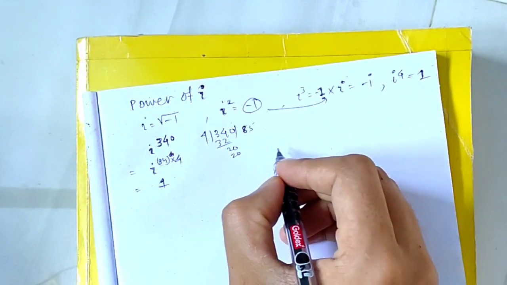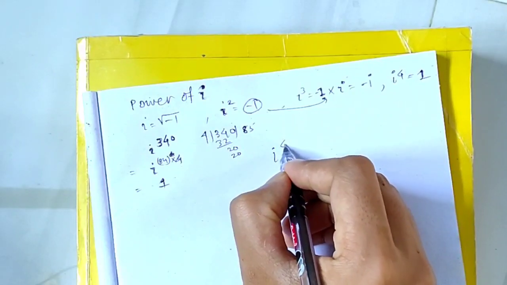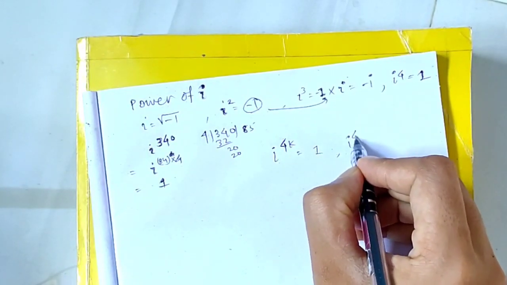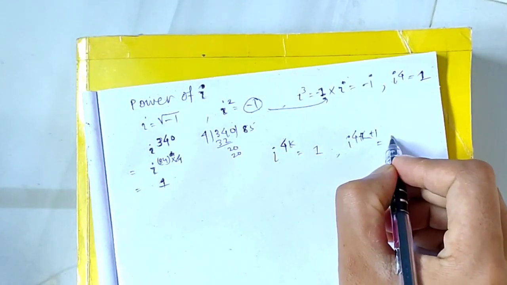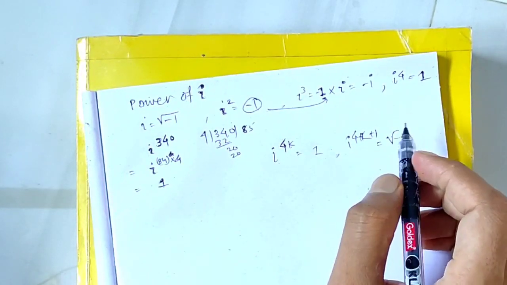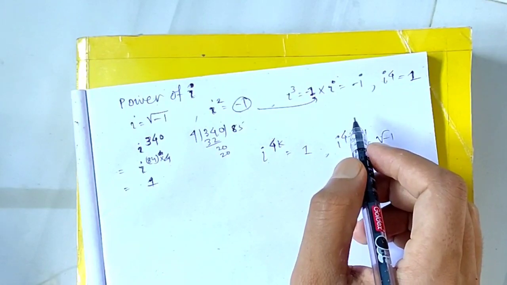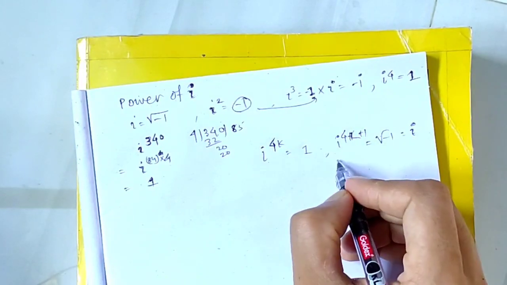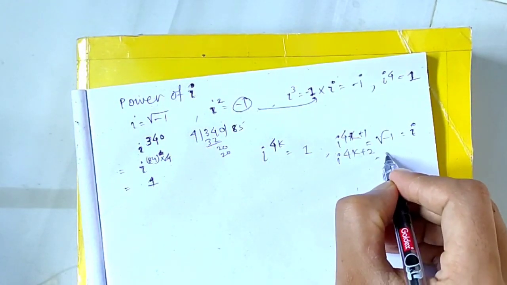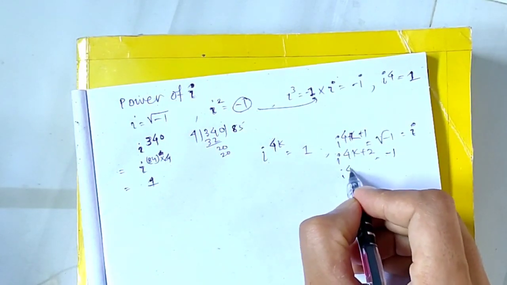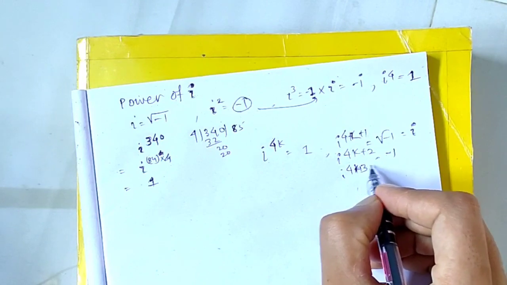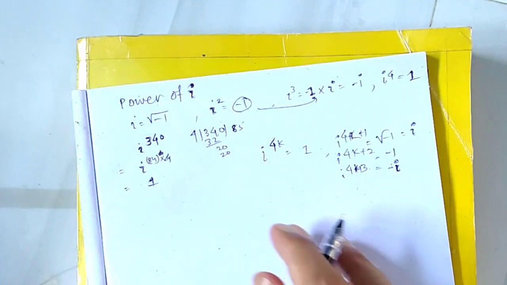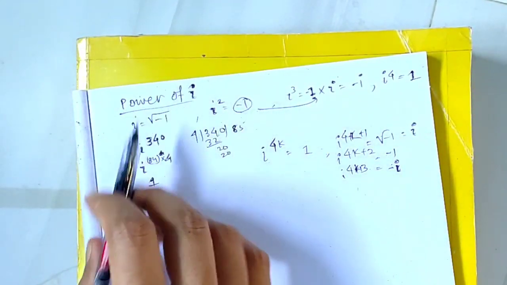Similarly, the standard form: iota 4k equal to 1, iota 4k plus 1 equal to root over minus 1, or iota, iota 4k plus 2 equal to minus 1, iota 4k plus 3 equal to minus iota. So this was all about powers of iota.